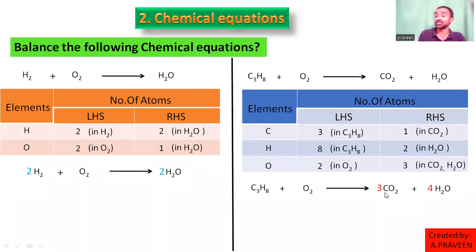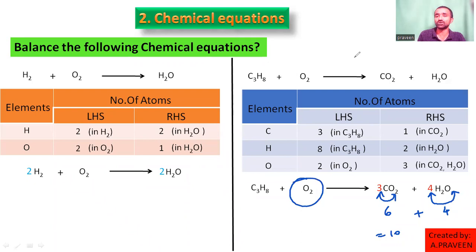Then the count of oxygens changes: 3 times 2 is 6, and 4 times 1 is 4. So here 6, here 4, totally 10. So make it 10 on the left side.